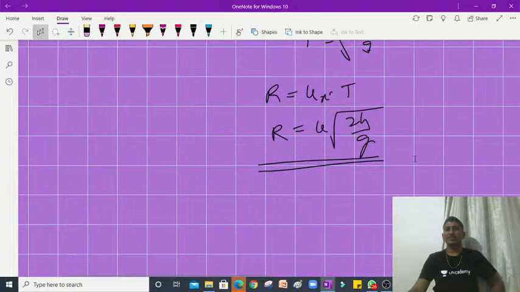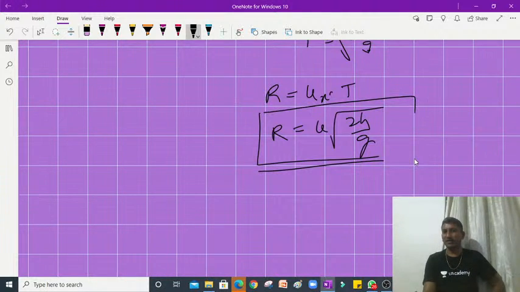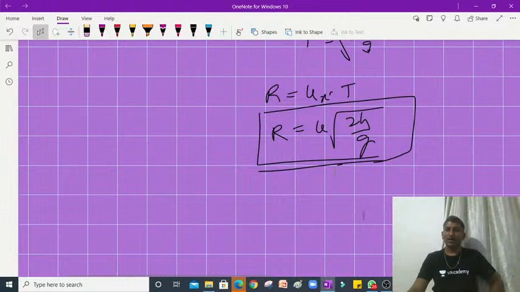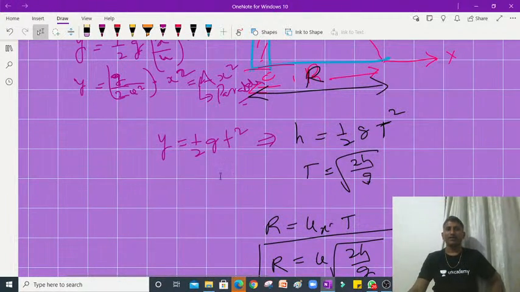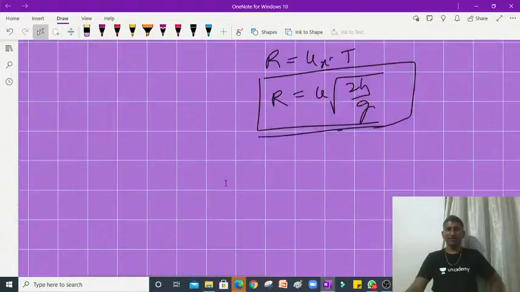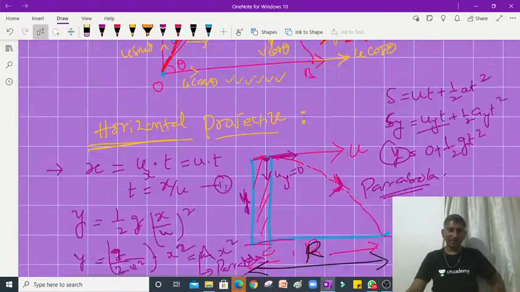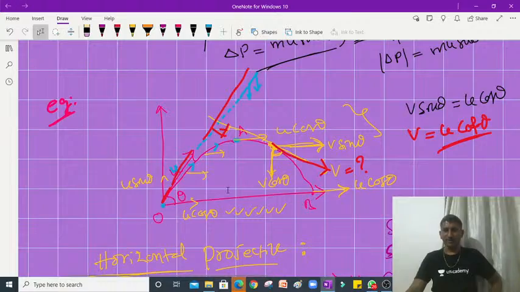So range depends on the initial velocity and the height. This is one very important conclusion, useful to solve problems in the case of horizontal projectiles.